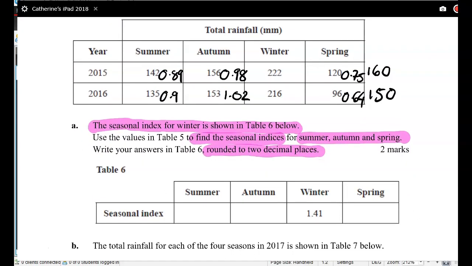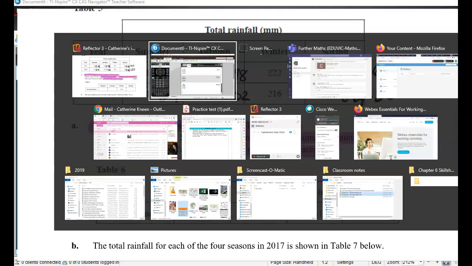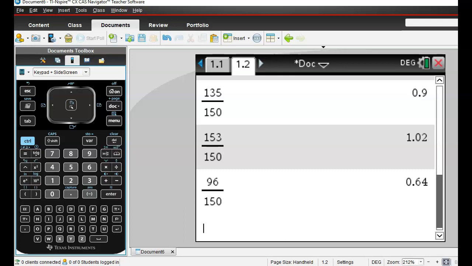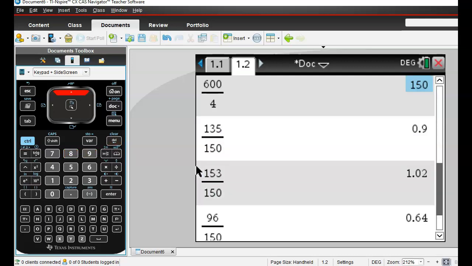So then we've got to find the seasonal indices for summer, autumn and spring. So using our two values, so for summer was 0.89 and 0.9. So 0.89, or you could just go up and grab it.